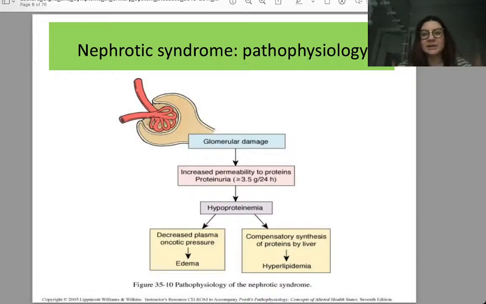Such an intensive secretion of proteins into urine leads to hypoproteinemia, an insufficiency of them in the blood. And it has two further results. First, decreased plasma oncotic pressure with edema, and compensatory synthesis of proteins by the liver with hyperlipidemia.